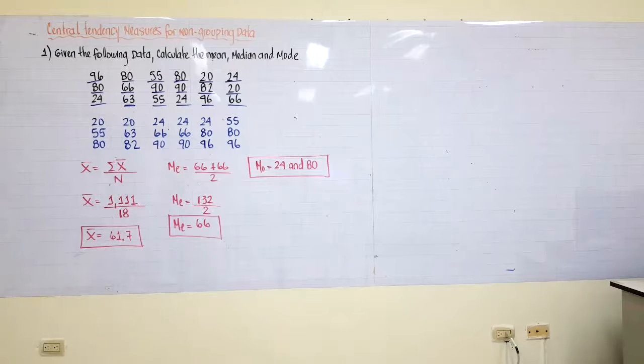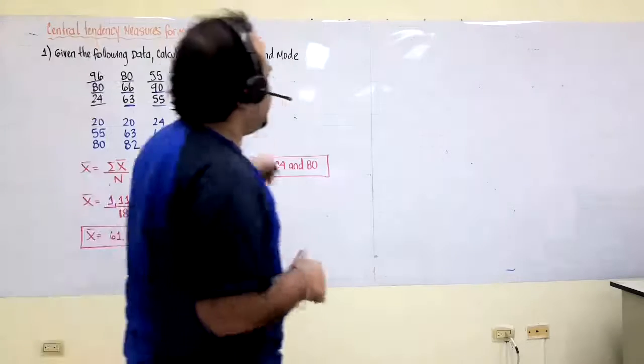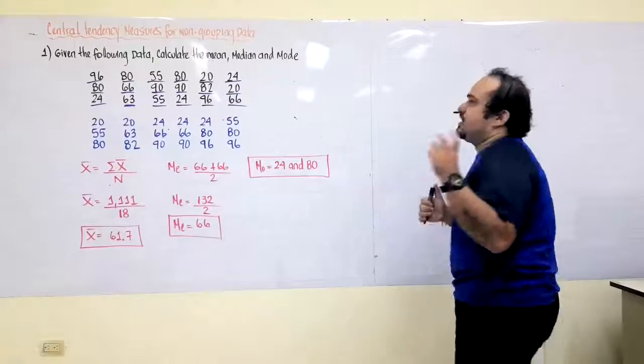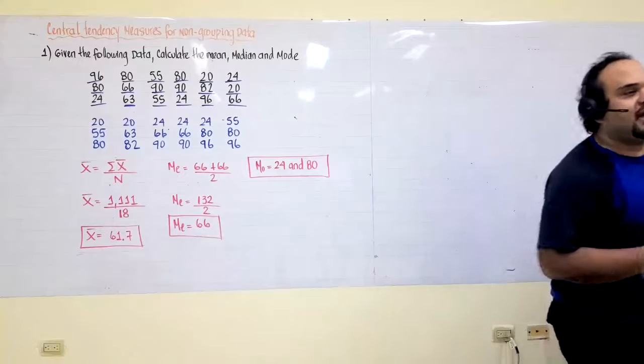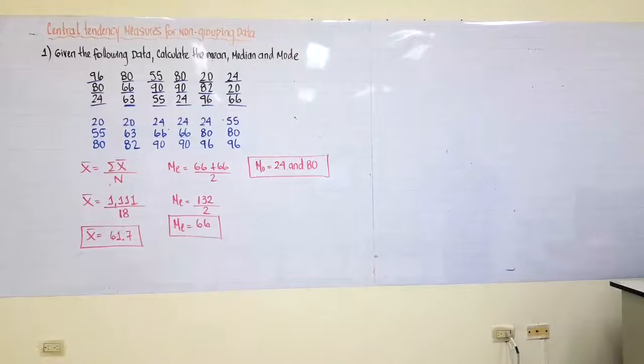Now I'm going to provide you another example, but this time I'm going to ask you to calculate the median, because I really want to clarify the difference between when we have even number data or odd number data.